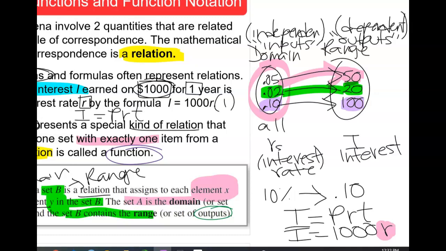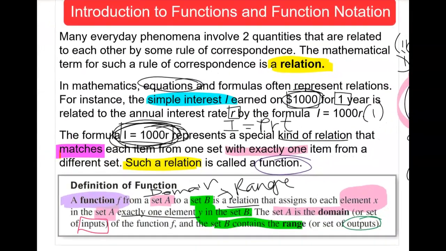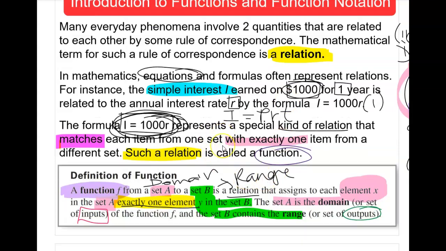And instead of Y we were using capital I because that was the output. So most of the time we'll be using X and Y, but we're not just limited to those letters. I want you to know that. Okay, so the key words, the main words here is that they can only be related to one element, one and only one. So we're going to see some counter examples.